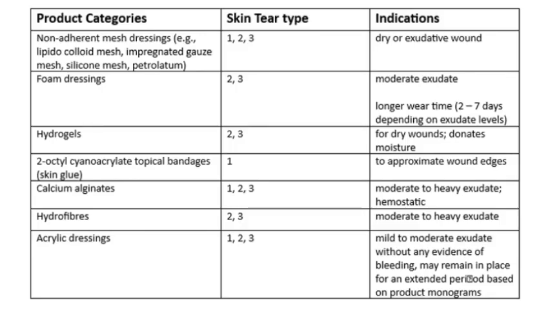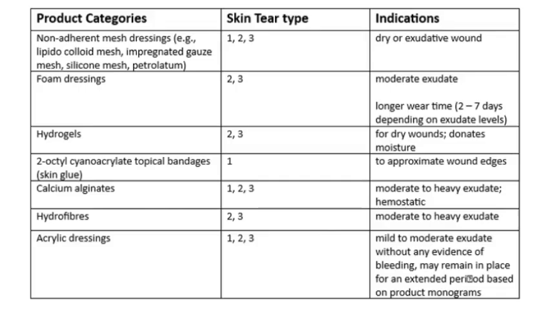So hydrogel, it hydrates. This is for type 2 or 3, and we're going to add this to an extremely dry wound because this donates moisture to the wound. A lot of times we only have to add this a few times, and then the wound kind of stays at the level of just moist that we need, and we can go to the non-adherent mesh.